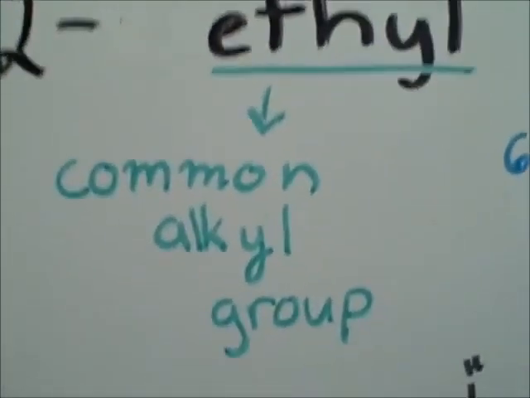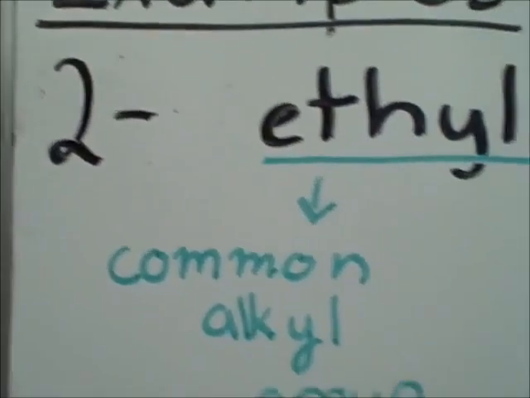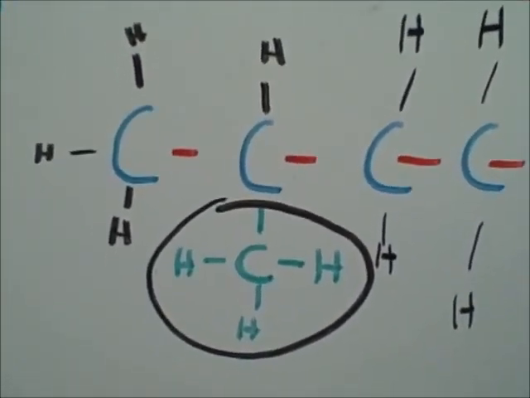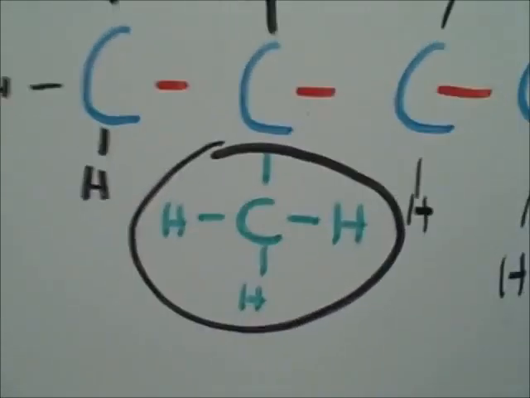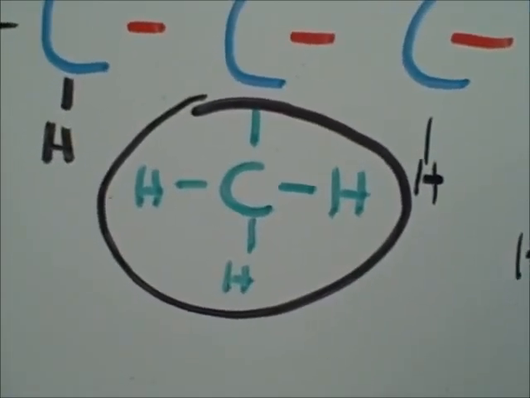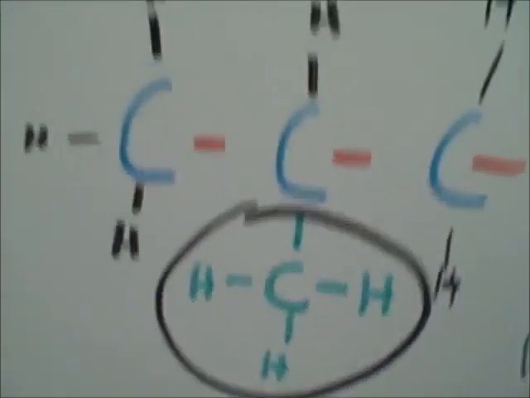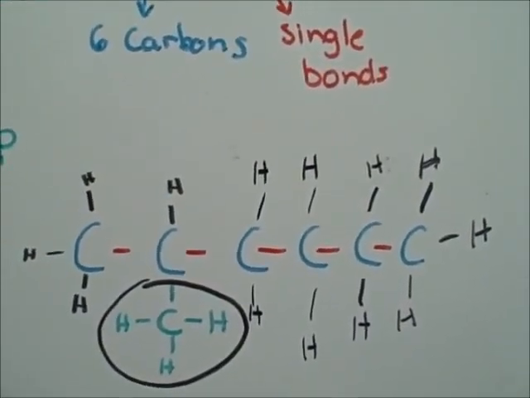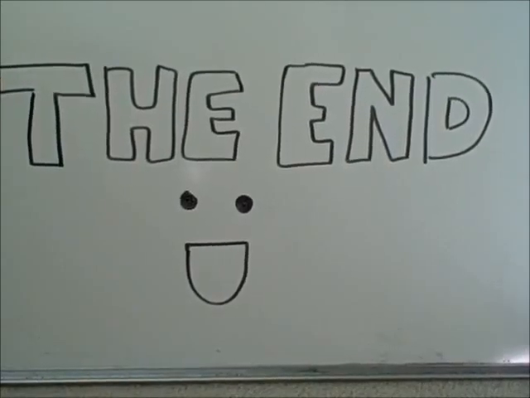Ethyl is a common alkyl group, and 2 states that it's going to be coming off of the second carbon in the chain. Ethyl is CH3CH2, so the C comes off of the main carbon from the main chain of carbons, and then the H's come off of that carbon. To satisfy the octet rule on all the other carbon molecules, H's come off just like any other molecule.